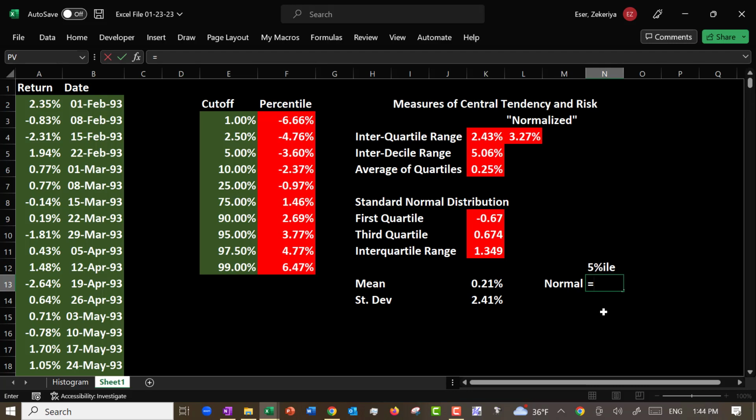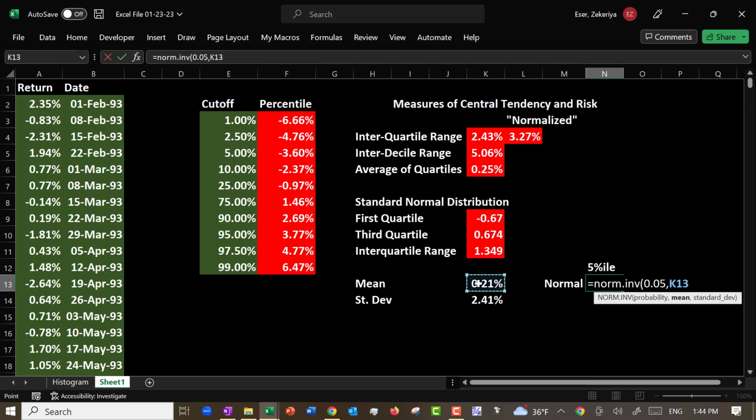That means we need to invert the normal distribution. The function for that is NORM.INV. It has 3 arguments. What's the probability? 0.05. So I want 5% probability to the left of the point I'm going to find.